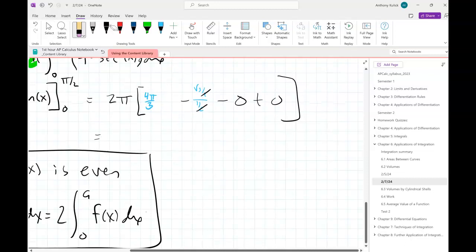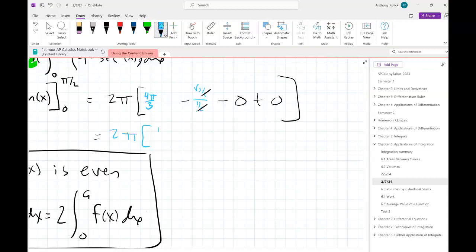So we'll just call this then 2 pi times 4 pi over 3 minus root 3. We'll just stop there.